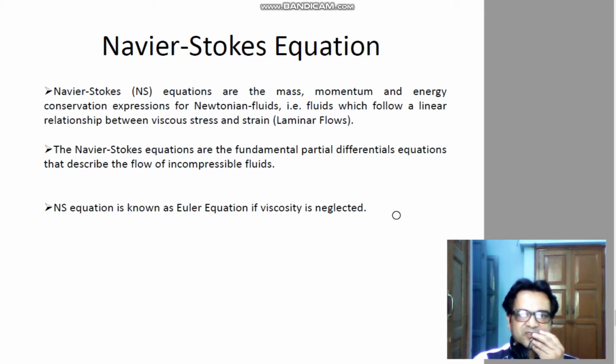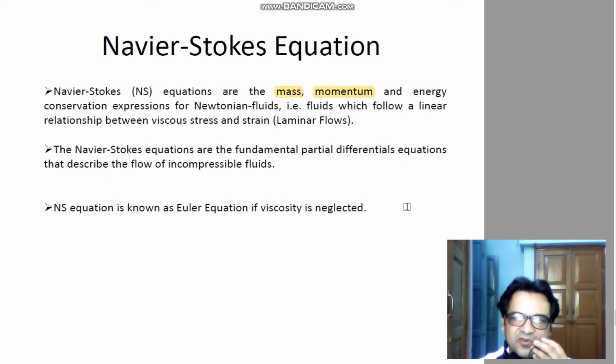Basically, the Navier-Stokes equations are the mass, momentum and energy conservation expressions for Newtonian fluids only, meaning a linear relationship between viscous stress and strain. And the Navier-Stokes equations are the fundamental partial differential equations that describe the flow of incompressible fluids.